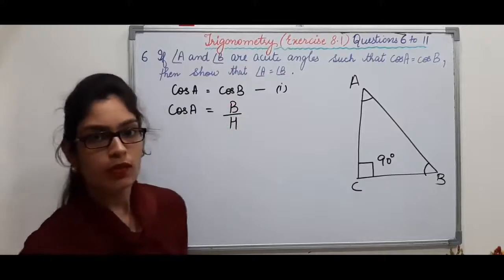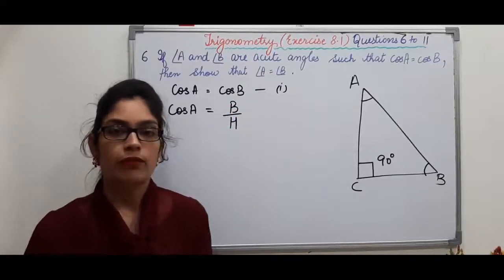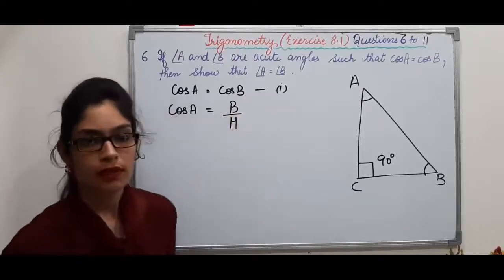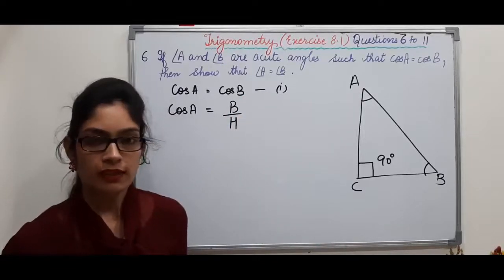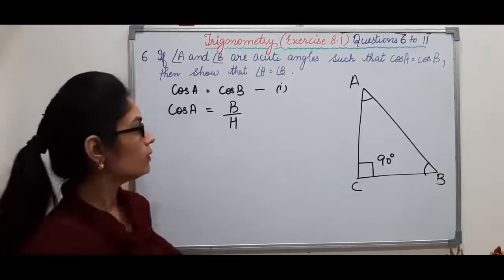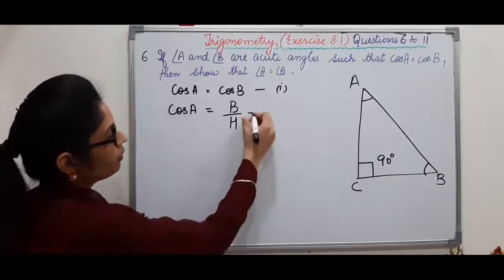And in that video, I have already given one mnemonic to remember the values of all the trigonometric ratios. If you have not seen that video, I have already shared the link in the description. You can check out that video also. Now let's get back to the question.